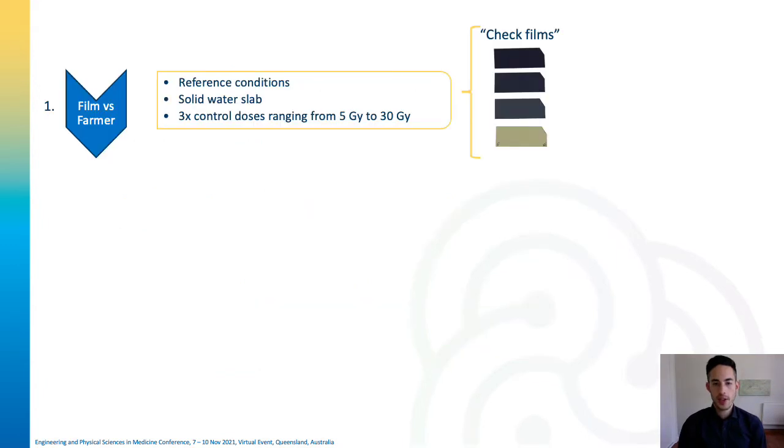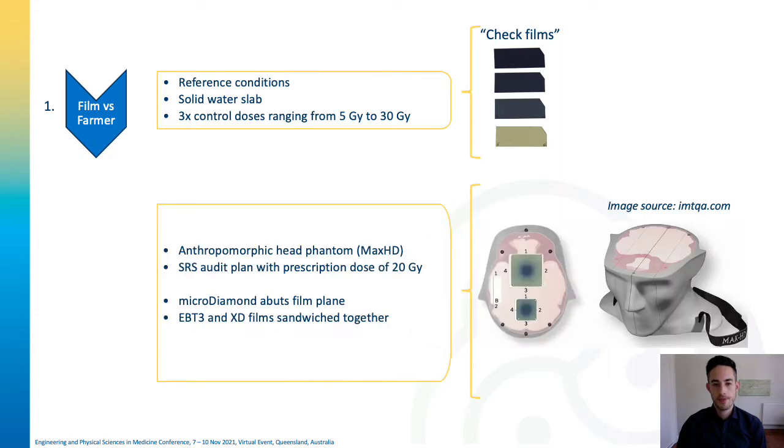There were 4 layers of experiments that were conducted for this study. The first is a comparison between a film measured and pharma measured dose in reference conditions, and this is performed by delivering known doses to a set of check films, doses ranging between 5 and 30 gray. For the remaining experiments, clinical SRS plans were delivered to the Max HD Phantom, and this phantom allows us to sandwich together EBT3 and XD films, so all of the irradiations are performed with the 2 film types in parallel.